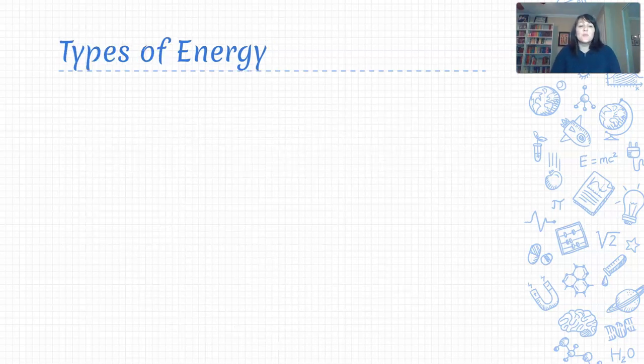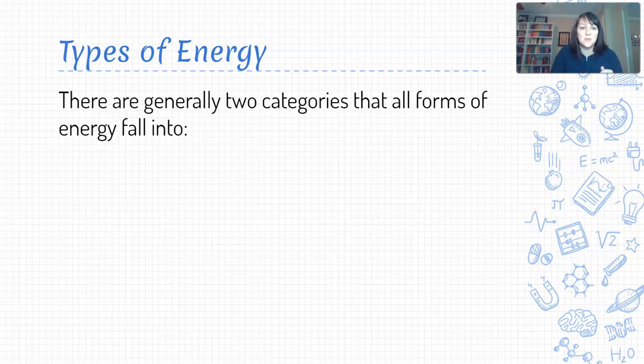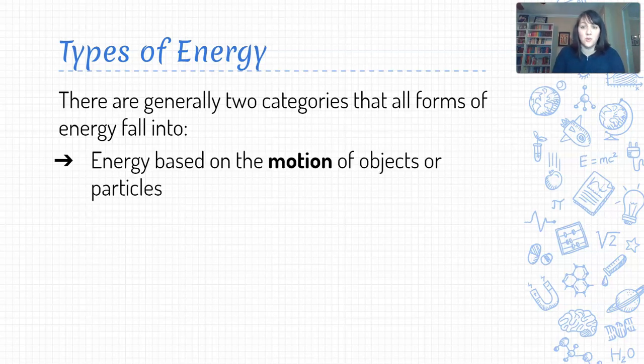All right, so then let's start diving into some of those different ways that energy can manifest, the different types of energy. So in general, we can take all types of energy and place them into one of 2 different categories.